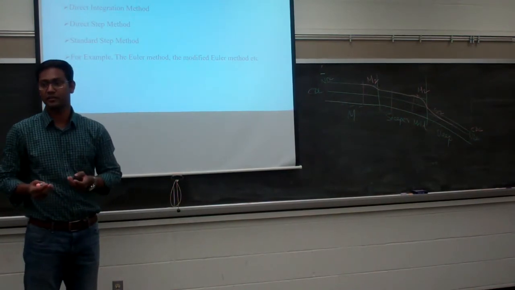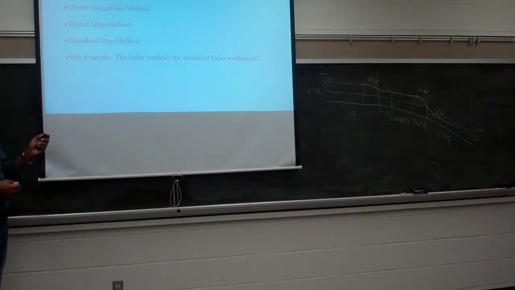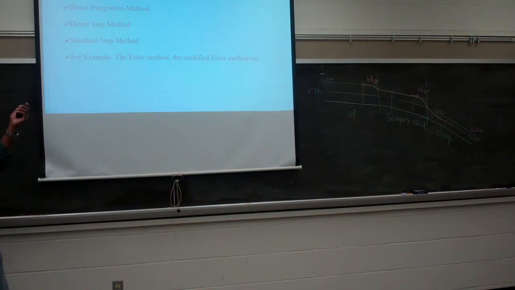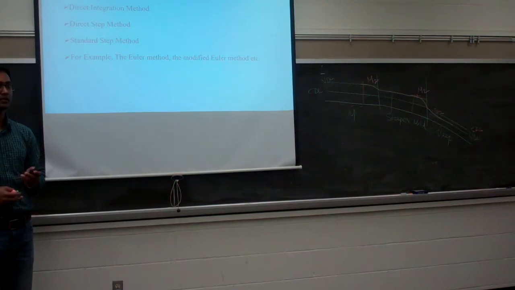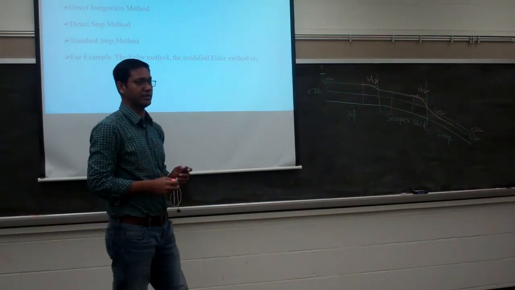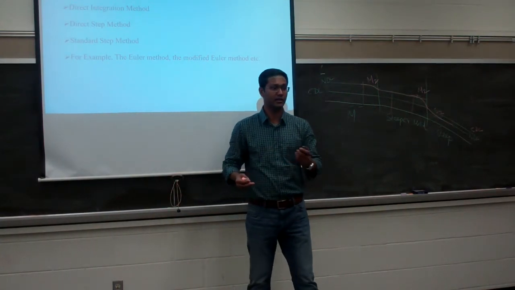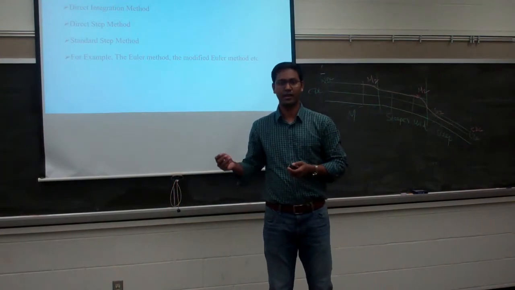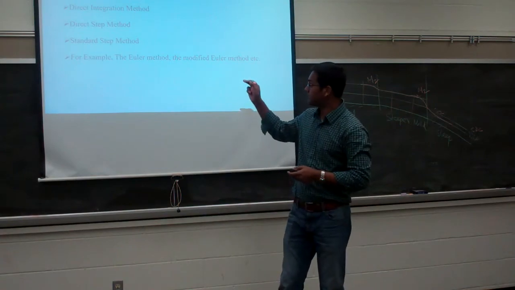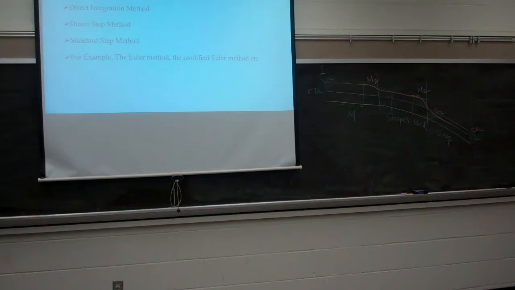For calculating the flow profile, you can apply the direct integration method, the direct step method, or the standard step method. These are numerical methods. Examples are the Euler method or the modified Euler method. Applying these, you can easily calculate the flow profiles mathematically.